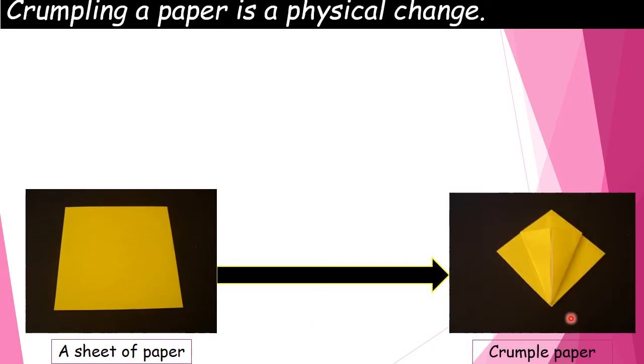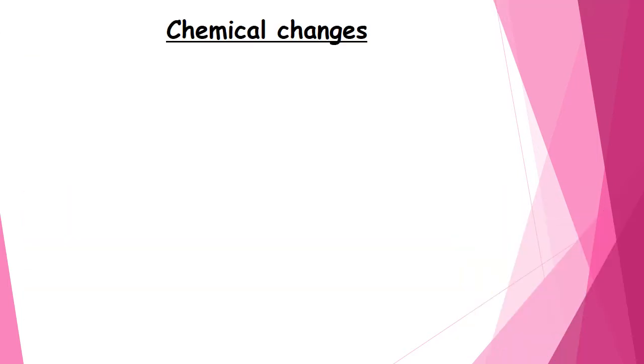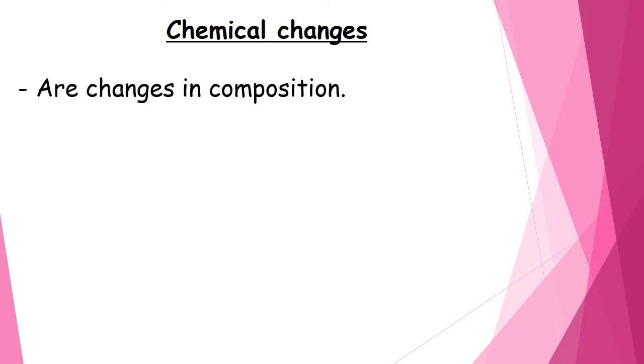Here, this sheet of paper, when we crumble it, looks like this. So crumbling a paper is a physical change. Why? Because the form changes only and no new substances are formed. So chemical changes.